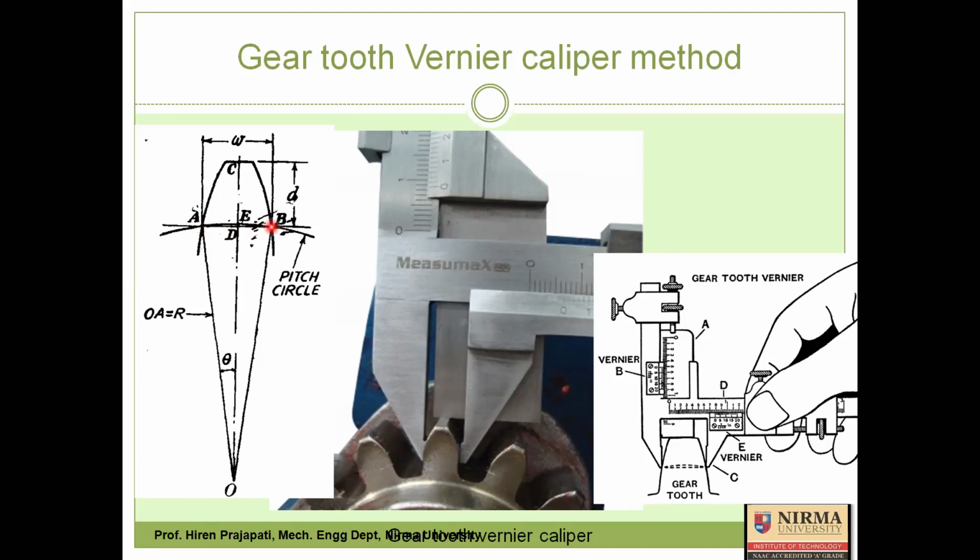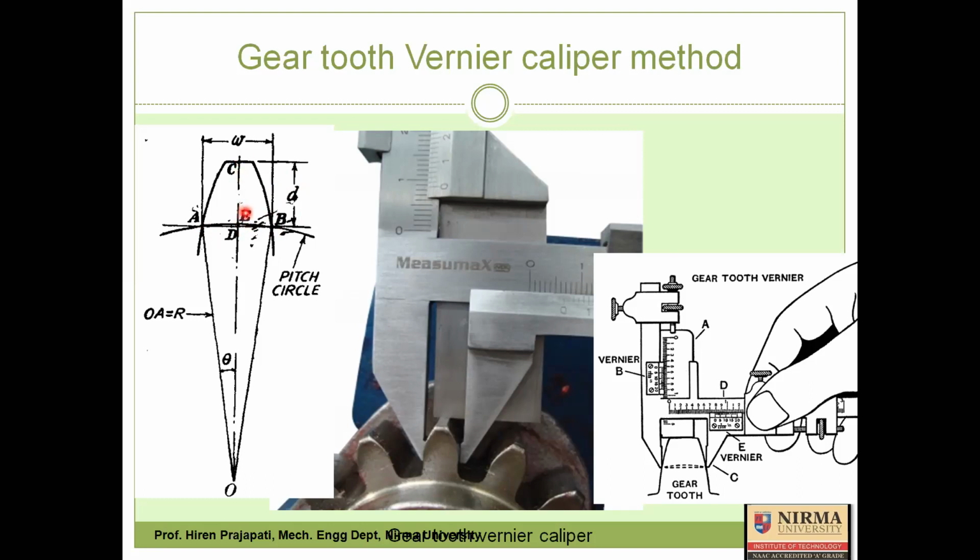ADB is called the chordal thickness, and AEB is called the actual gear tooth thickness. As you can see in this diagram, the difference between them is very small. So as we cannot measure AEB, let's measure ADB. But we need to measure ADB exactly at distance D from point C, from the top line.